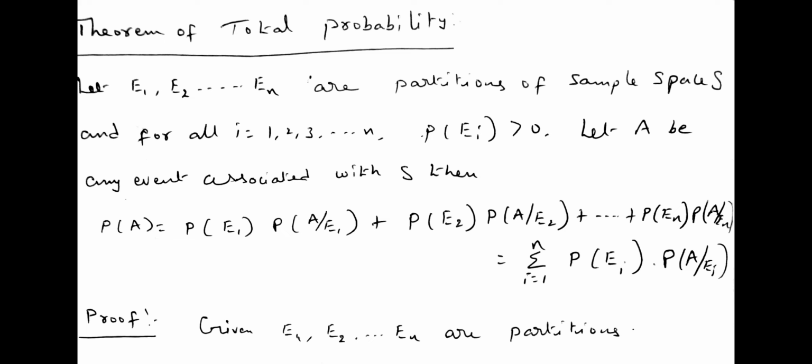Let E1, E2, and so on, En be partitions of a sample space S, and for all i equal to 1 to n, P of Ei is greater than 0. Probability of any event is always greater than 0.